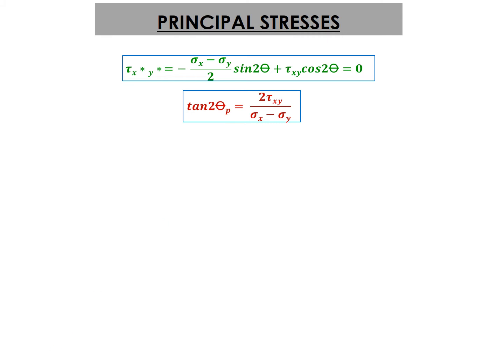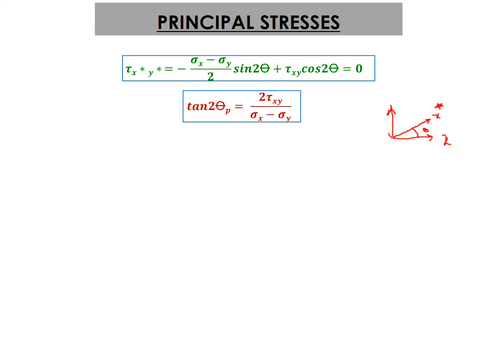As in the previous slide we have seen, I will just try to show you once again here. These are the initial axis. Let's say this is the x axis, and this is the y axis. So now theta P means what? As we have learned, if we take a new axis, say x star, as we have taken in the previous slide, at an angle of theta, let's put theta.